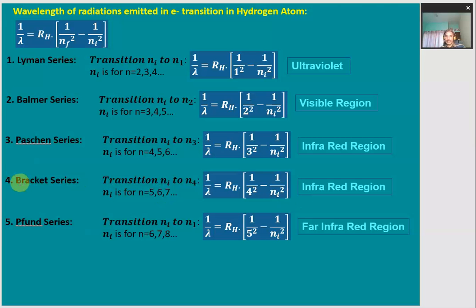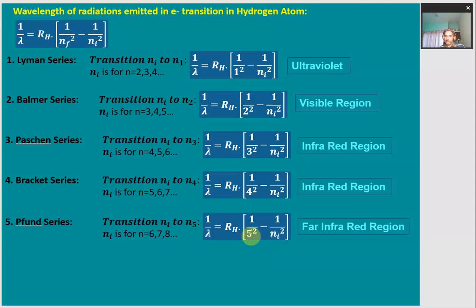And lastly, when transitions take place to the energy orbit for which n is equal to 5 from any higher energy orbit 6, 7, 8 or so, the wavelength can be calculated by putting nf to be 5. So it is 5 square here, and ni can be 6, 7 or so.